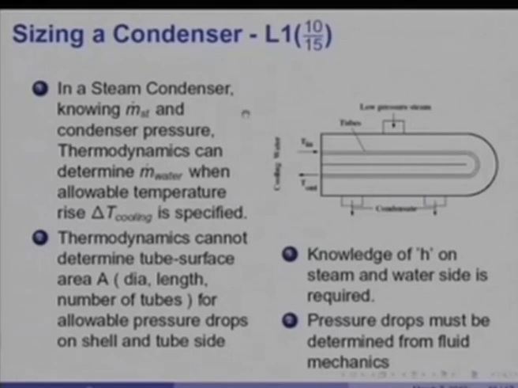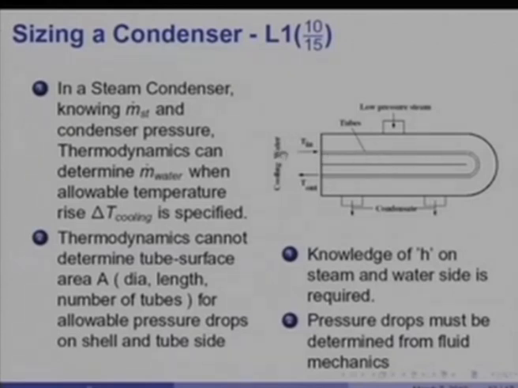We take another example of sizing a condenser. So, consider a condenser in which a low pressure steam is coming in on the shell side, whereas the cold water or the cooling water is passed into the tubes inside the condenser.